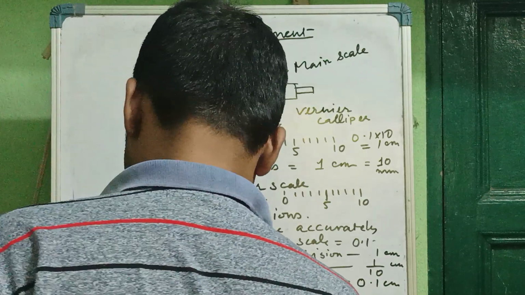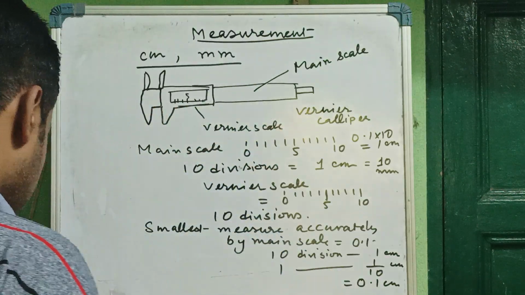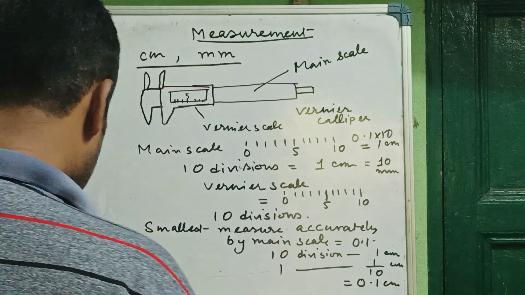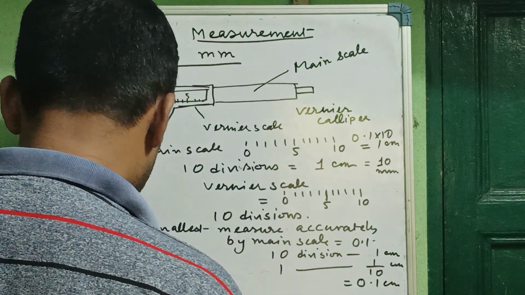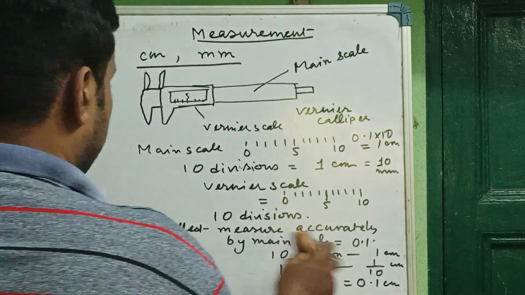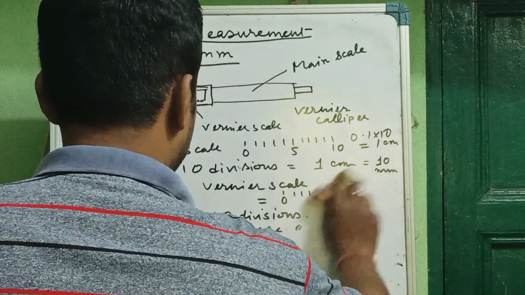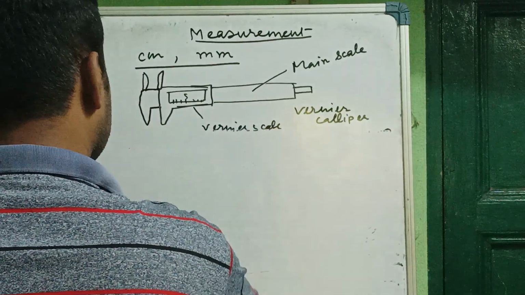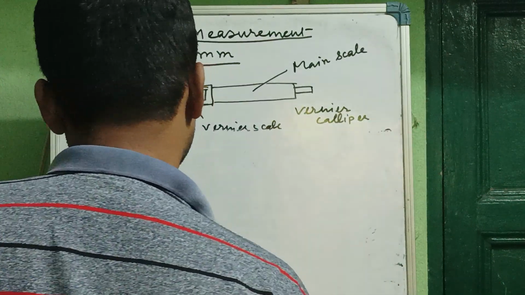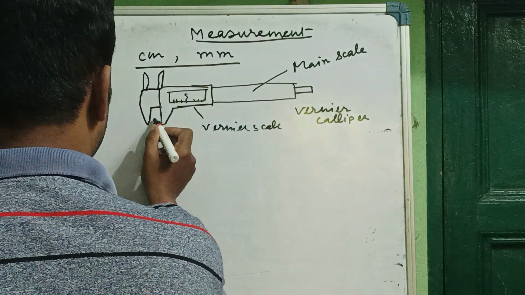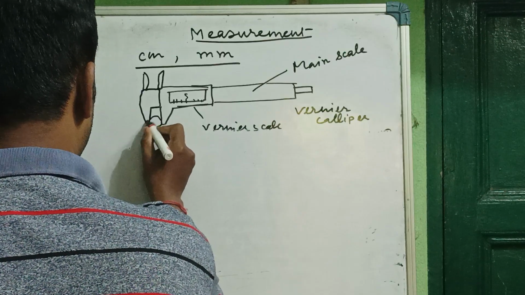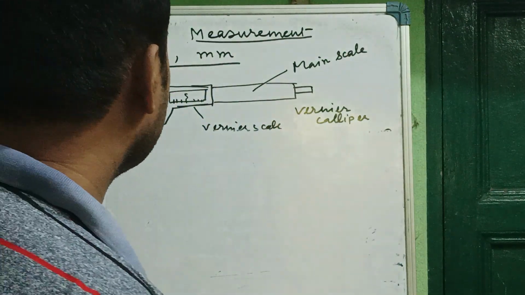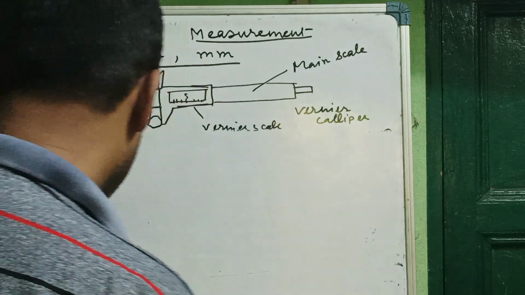So now, the main scale can measure accurately 0.1 centimeter for each graduation. Now the Vernier scale 10 divisions coincide. Let's take an object in the two jaws of the Vernier caliper and measure the diameter of this object.